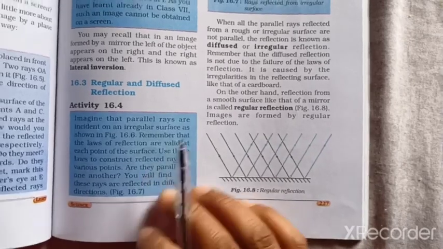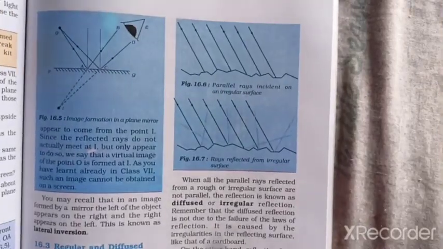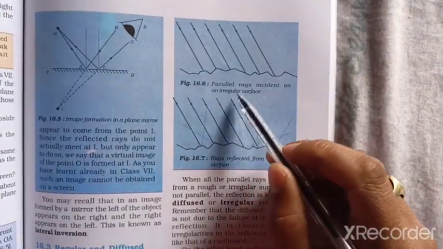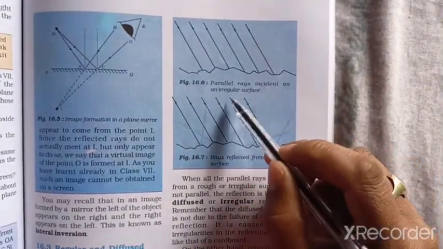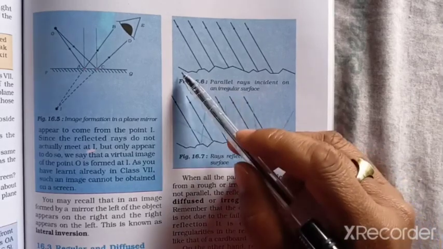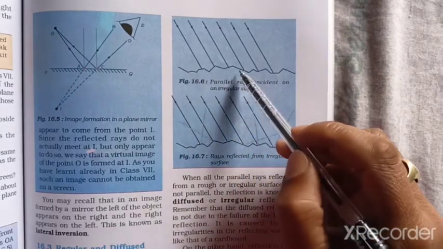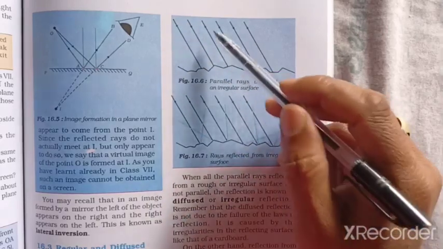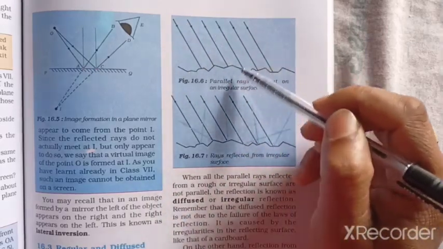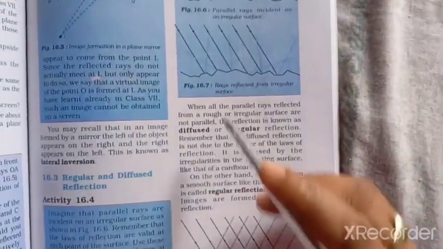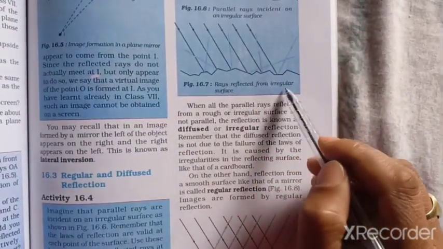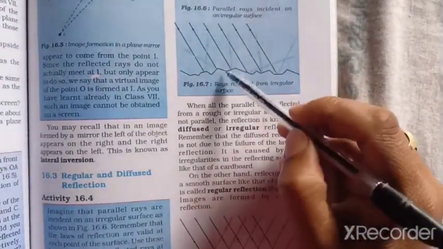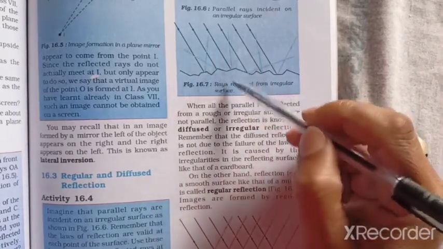Figure 16.6 shows parallel rays incident on an irregular surface. So when parallel rays are incident on an irregular surface, how do they reflect? The rays reflected from an irregular surface will reflect in different directions.